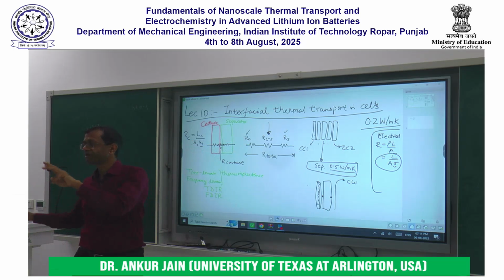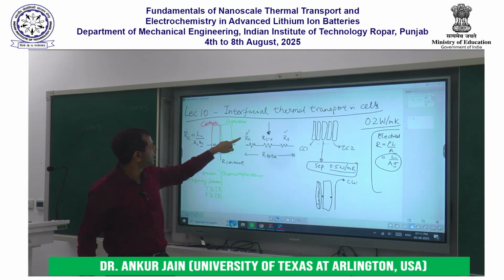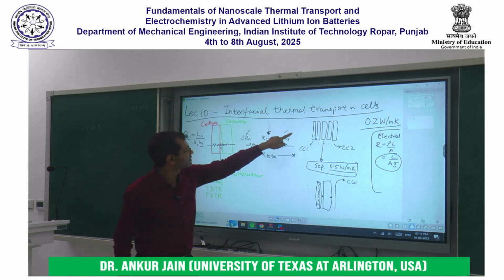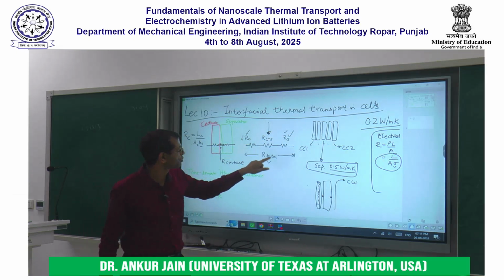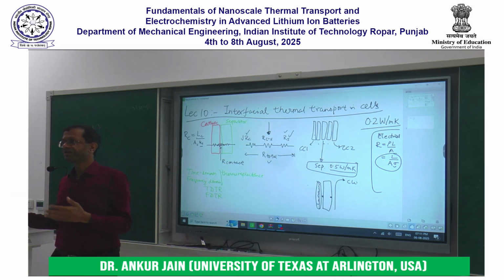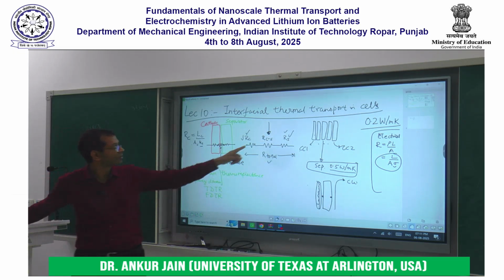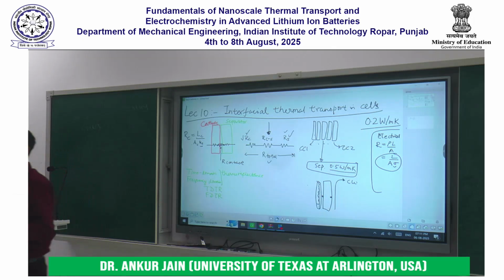So by 3 experiments, I will have found out our cathode, then our separator, and then our total. And from there it is straightforward for me to find out our cathode separator. Okay? Any questions?